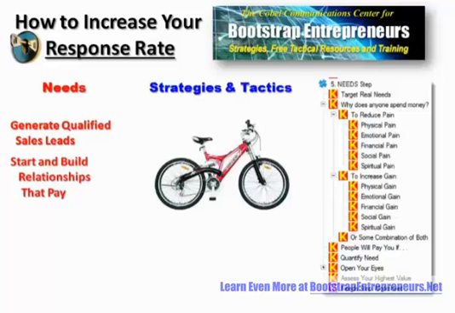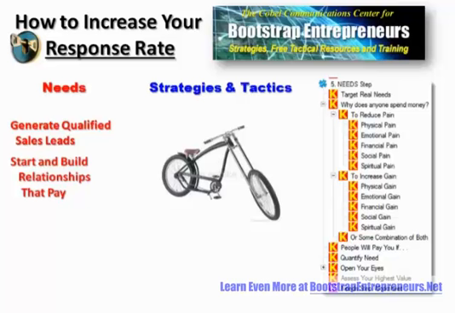Somebody focusing on both physical and spiritual gain might enjoy riding on off-road trails, so this mountain bike would be even better. Add another $50 to $100. Somebody focusing more on social attraction might be happier with an eye-catching bike like this one.